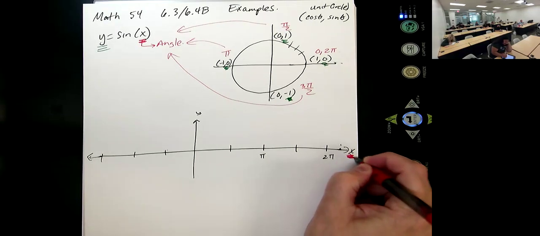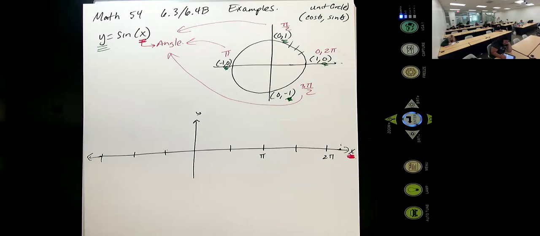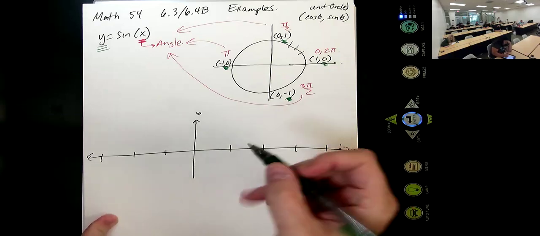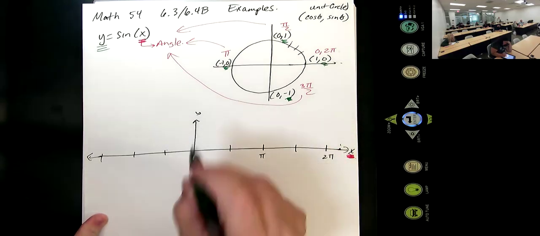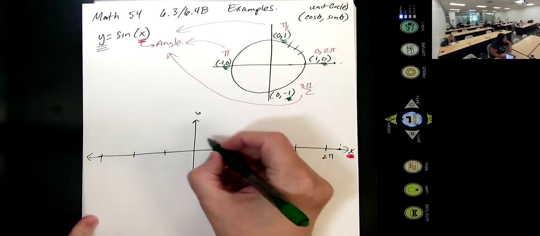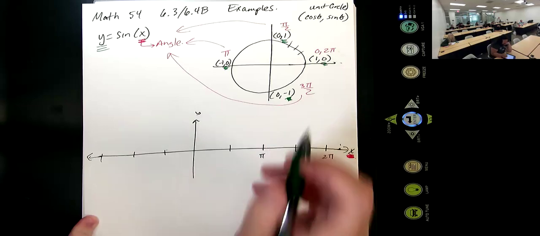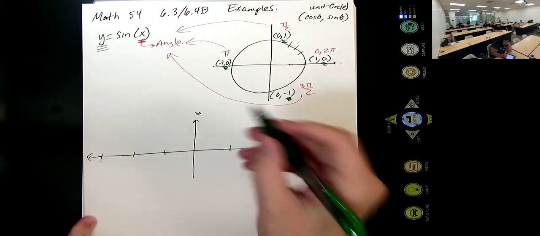And x is our angle. So pulling from there, we see when x is 0 radians, y is 0.